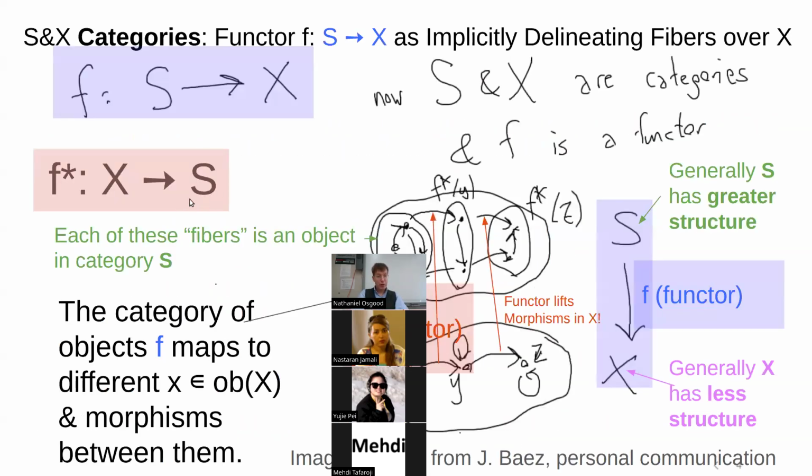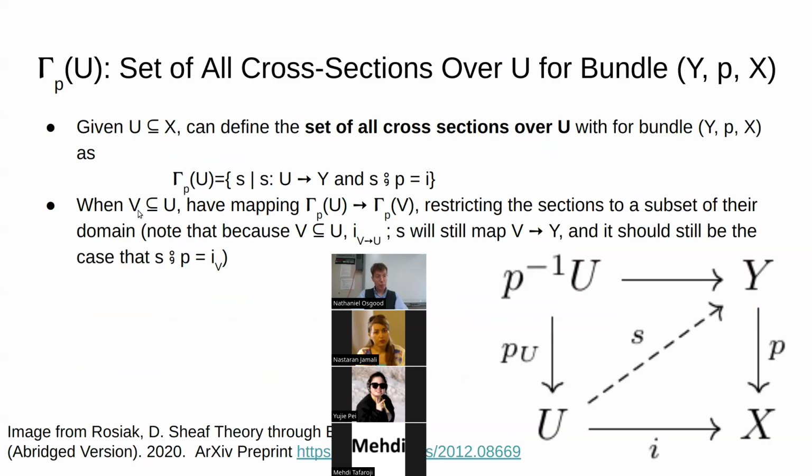And you'll notice the contravariance I showed before: if V arrow U, we have a mapping tau of U to tau of V, a restriction map. So even though the morphism is from V to U, in terms of V being included in U as a set, the data over U, the set of sections over U, can be restricted to the set of sections over V, right?